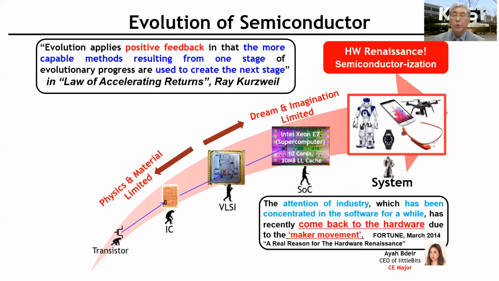The maker movement is a do-it-yourself movement. So she is a computer engineering major, so she didn't have any hardware education, but still she founded a hardware company, Little Bits, and it was very successful. Those hardware systems are based on semiconductors. So the hardware renaissance is possible because of semiconductors, or semiconductorization.